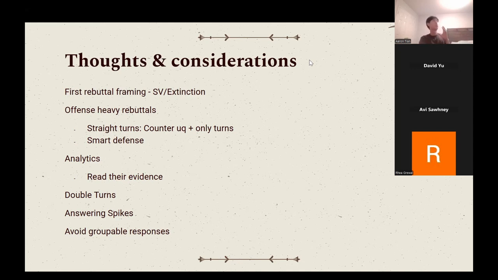One way this can be seen is on an impact defense level, so we talked about why it's mitigation, but let's say they're reading an argument about pandemics, right? And then you make a link turn that voting for you is actually better for solving pandemics, but then also make a response about why pandemics aren't important or don't cause extinction.